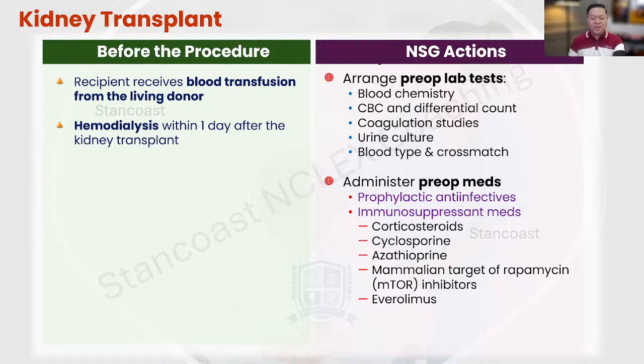Now, the other one is the monoclonal antibodies. So what are these medications? We have the examples, the daclizumab and also the basiliximab. These medications will target the T cells to prevent the activation. And so our role here as nurses, we are going to educate the patient about the necessity of adhering to the medication, to really comply and take the medication all throughout the regimen.